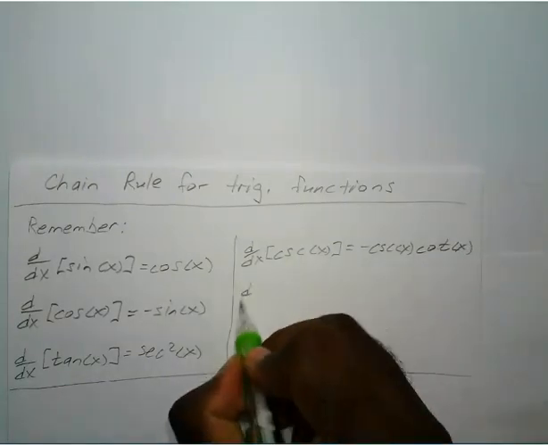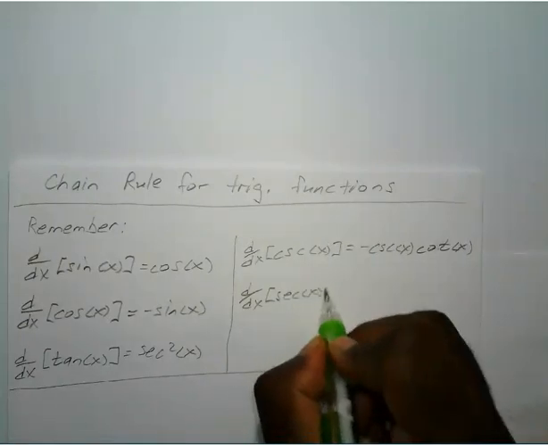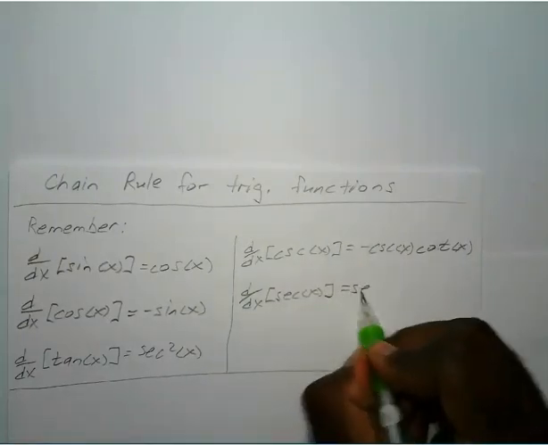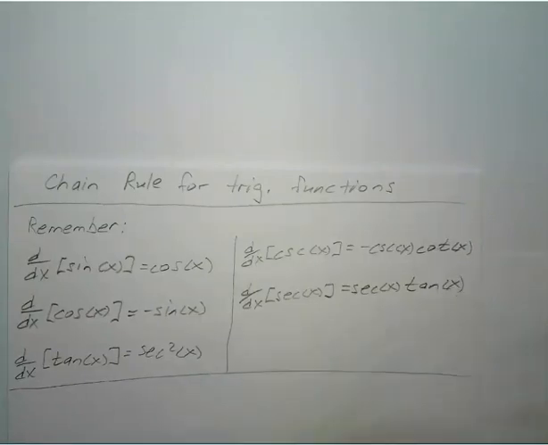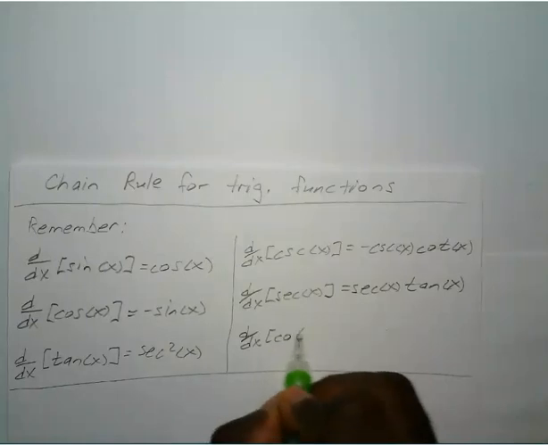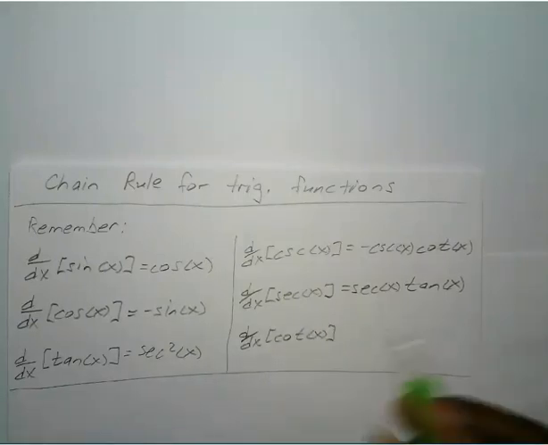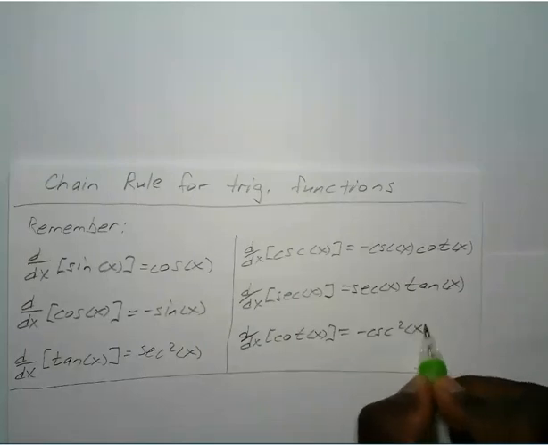The derivative of secant x is equal to secant x tangent x. And the derivative of cotangent x is equal to negative cosecant squared x.